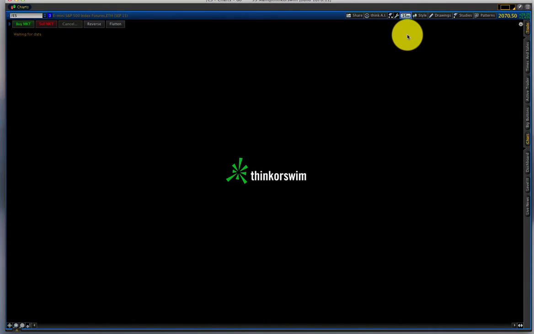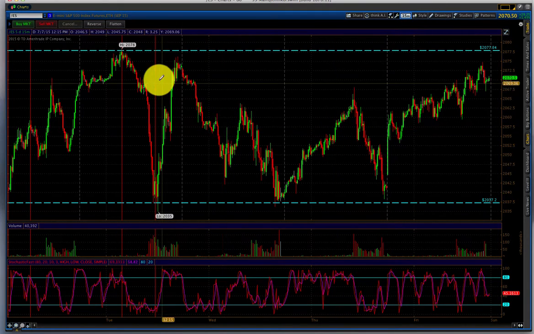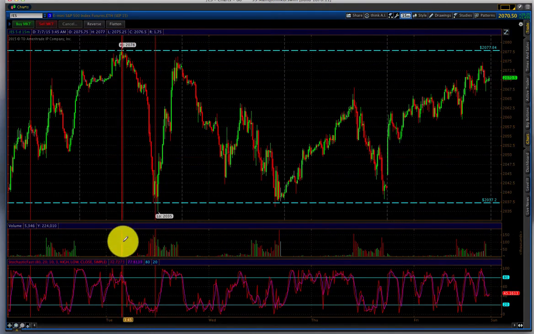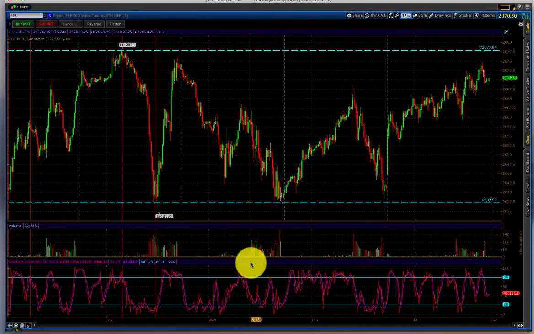So what happens if we look at these on 15-minute charts? Is it as clear? You can see because it's fast, you're getting more signals. If I put it on slow stochastics, we're going to get less signals, and then we have to decide.